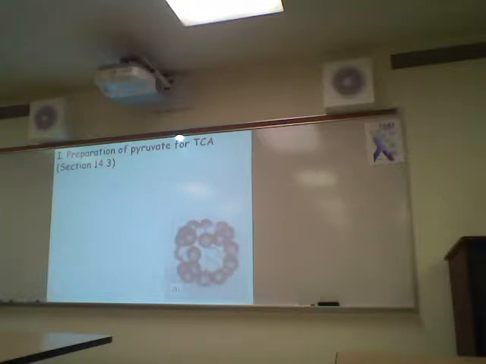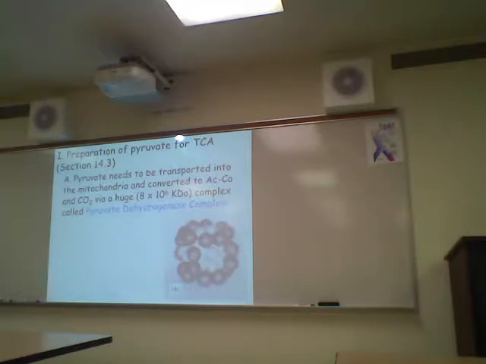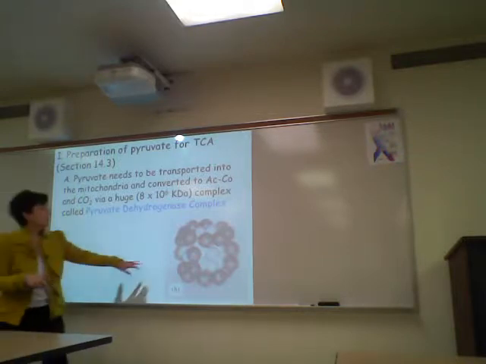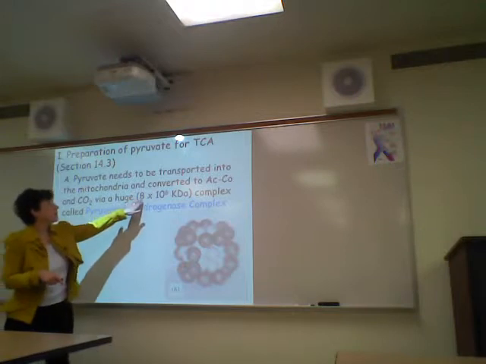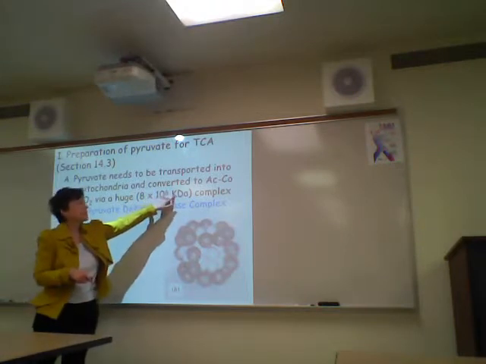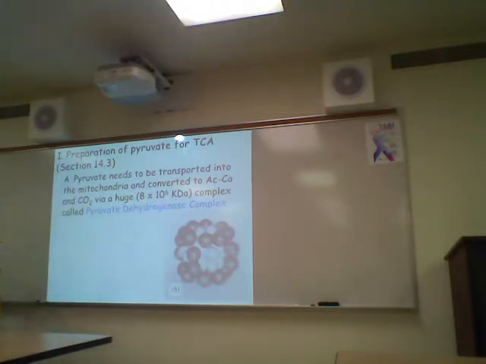So this is actually a little micron picture, a really small picture of our complex called the pyruvate dehydrogenase complex. And the pyruvate dehydrogenase complex is 8 times 10 to the 6th kilodaltons. So that's what? 8 million kilodaltons, which is 8 billion daltons.